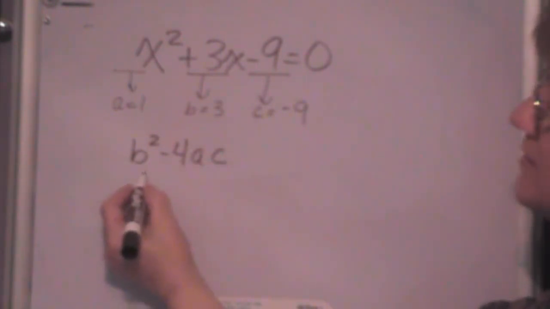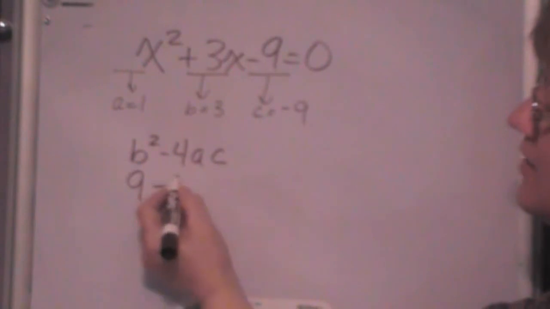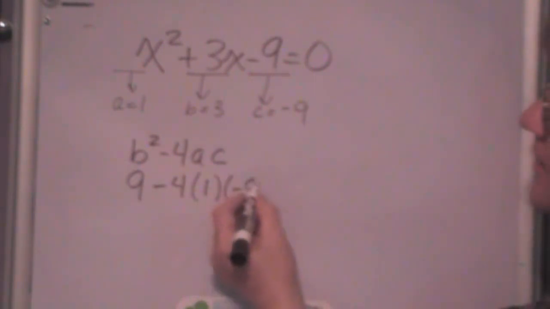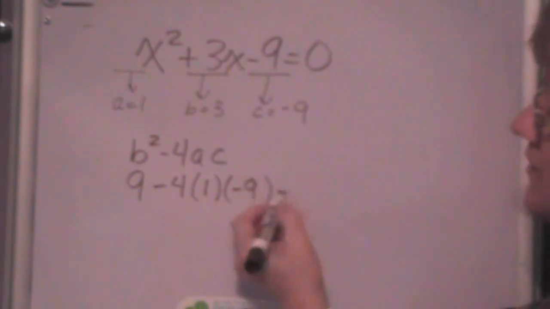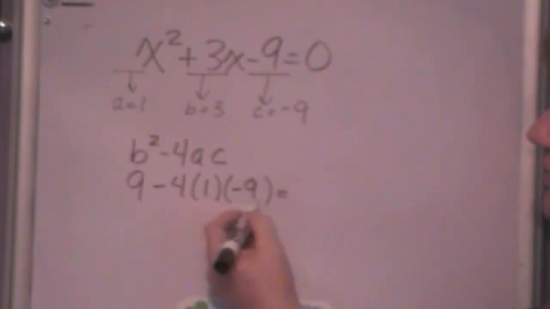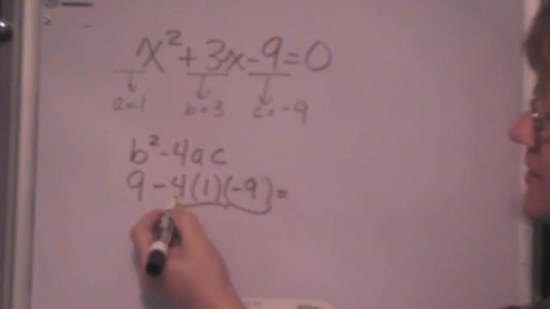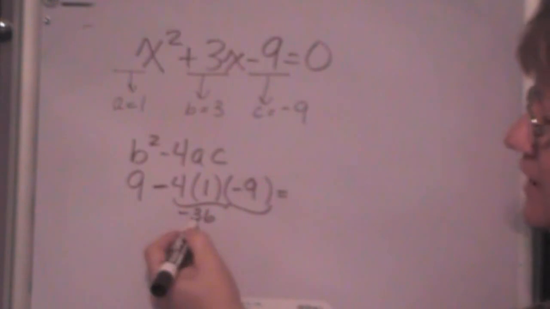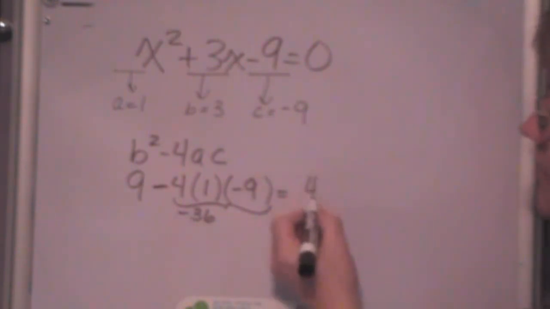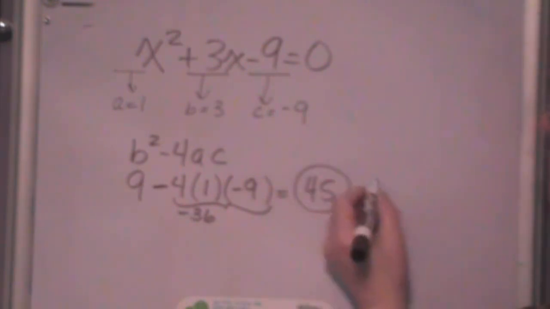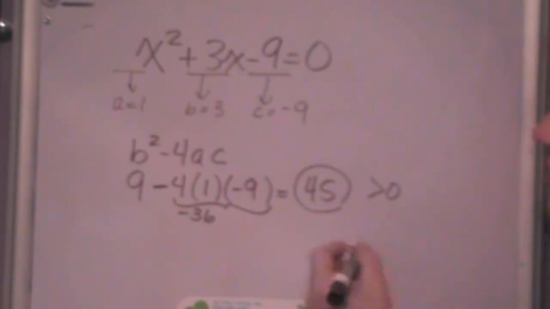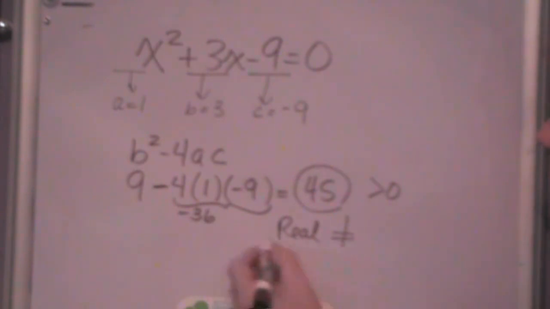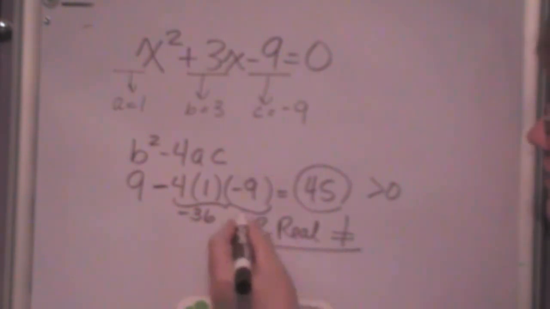Well, b squared is 9, 3 squared is 9, minus 4 times 1, which is a, and c is negative 9, which is going to give me negative 36, so when I subtract negative 36, I'm going to really add 36, so I have 45. 45 is greater than 0, so I have two real unequal roots.